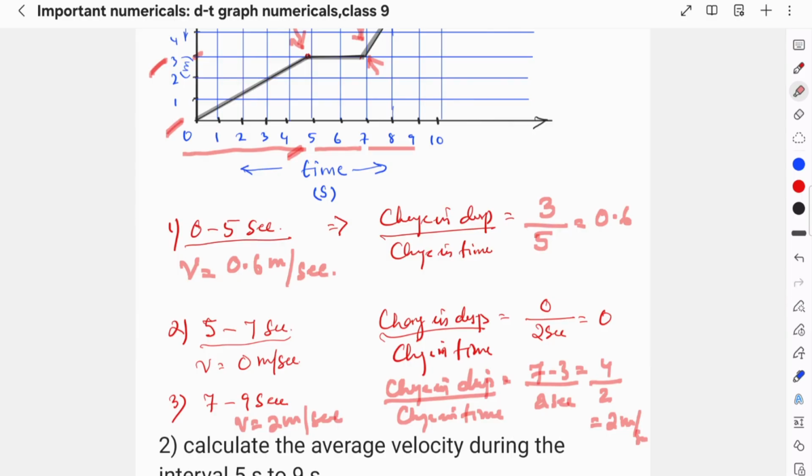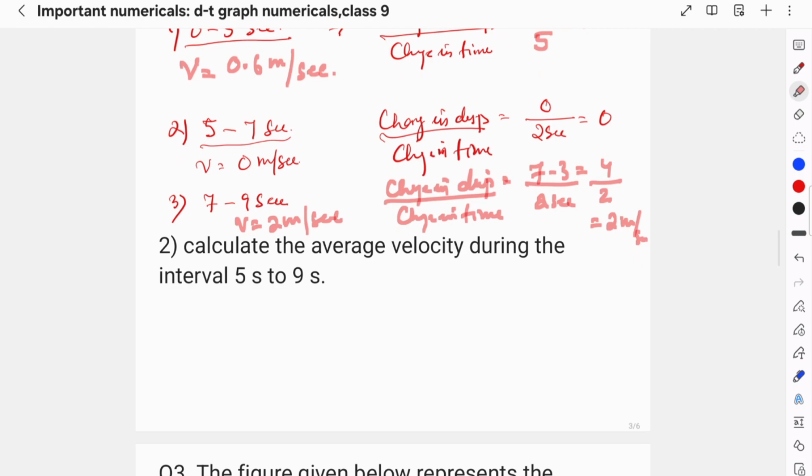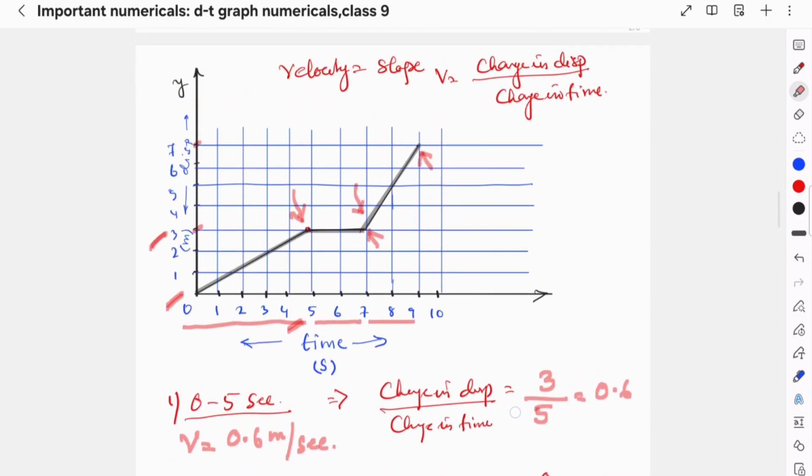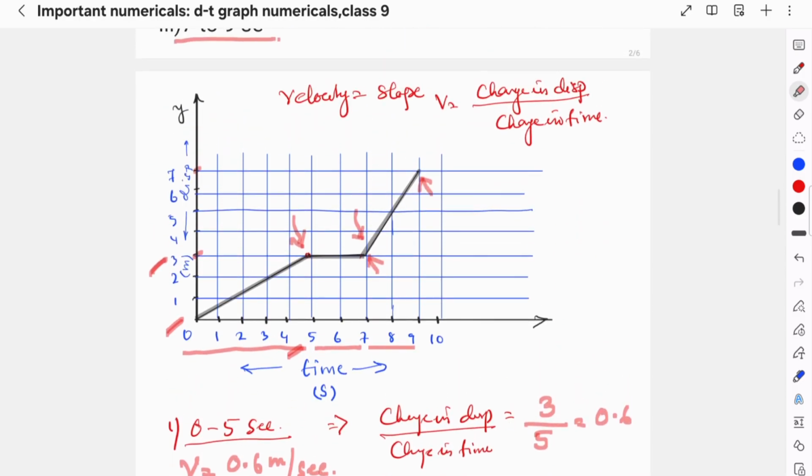Next they are asking to calculate the average velocity during the interval 5 seconds to 9 seconds. What is the change in displacement from 5 seconds to 9 seconds?